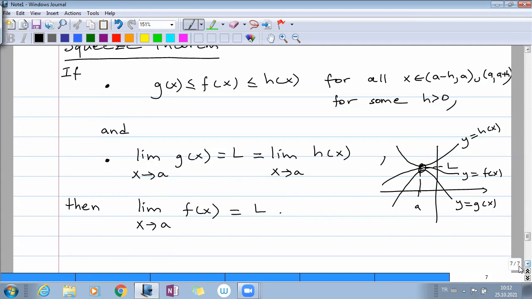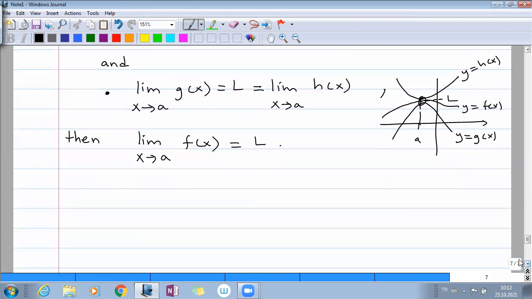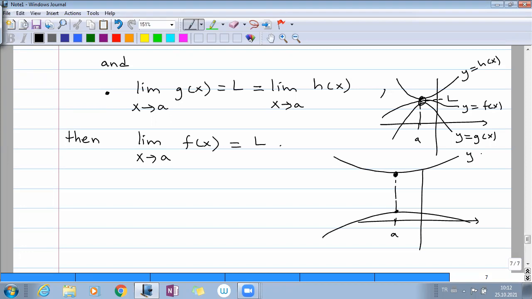So I will try to answer this pictorially. At the point A, let's say this is your h, and this is your g. The limits are not the same, so f may be in between, it can do any kind of crazy things.